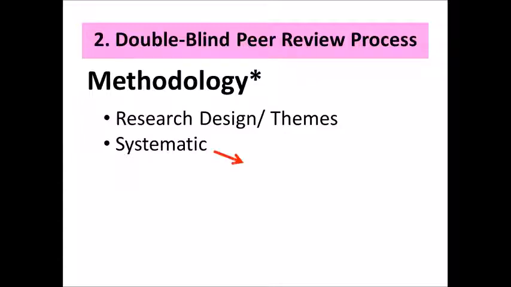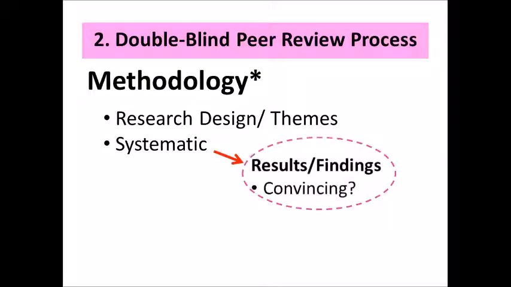It would affect the findings, and it would make your reviewers question whether the results are convincing. So this part is very important. If you make some mistakes, if you make it unsystematic, it might be easily rejected.